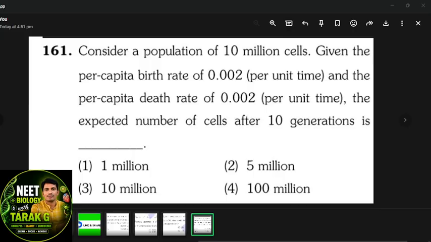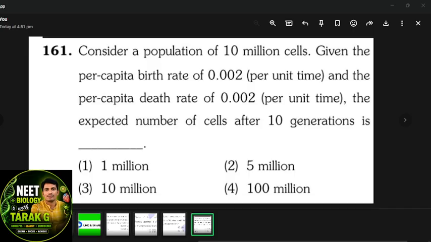Consider a population of 10 million cells. Given the per capita birth rate is 0.002 per unit time.